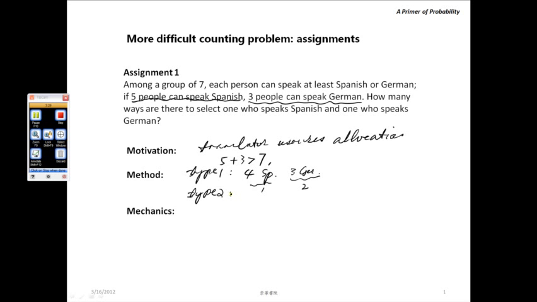Type 2 offers a way to select one Spanish speaker from the sole bilingual speaker, and then select one German speaker from the 2 German-only speakers. So also we remember that here there are 2 steps, step 1 and step 2.